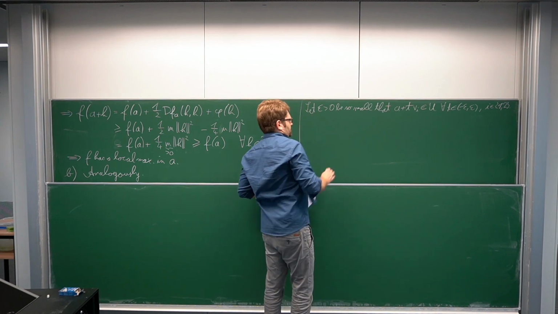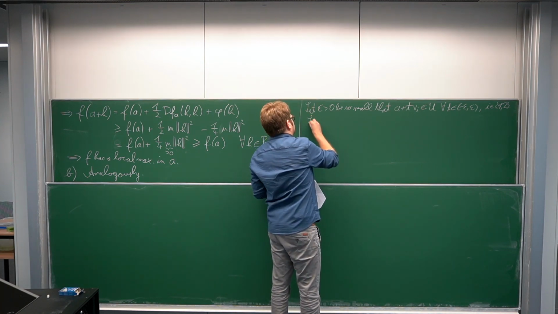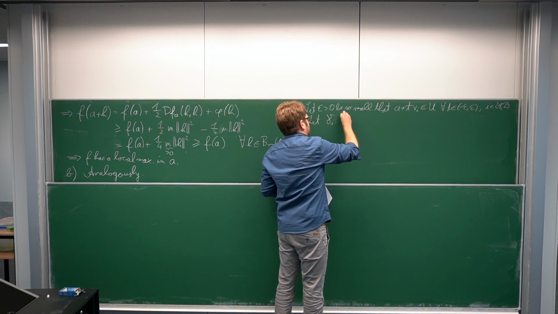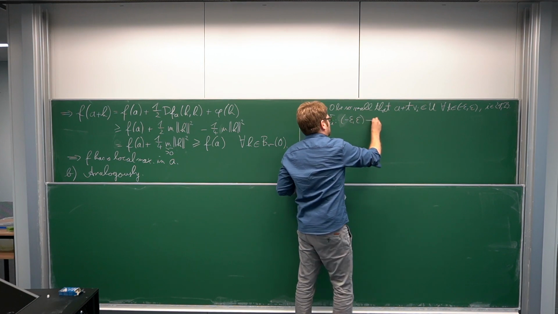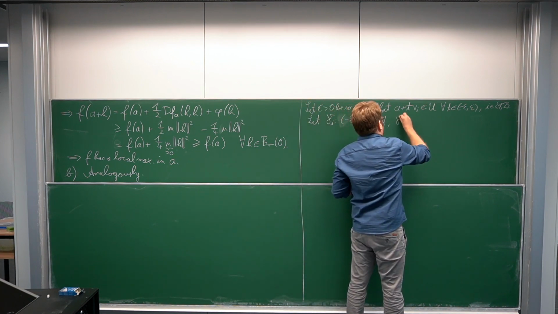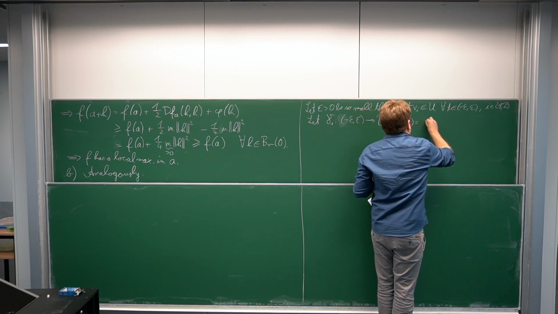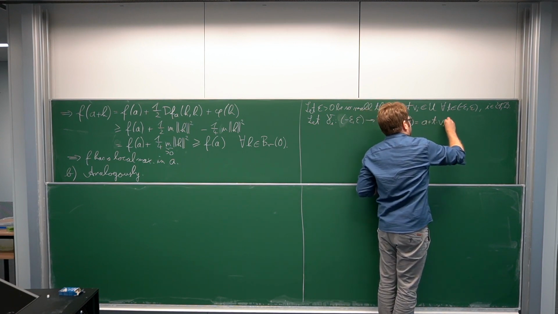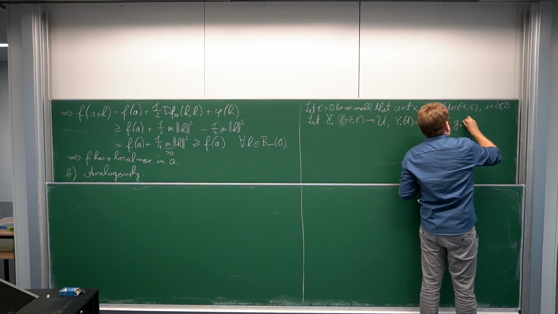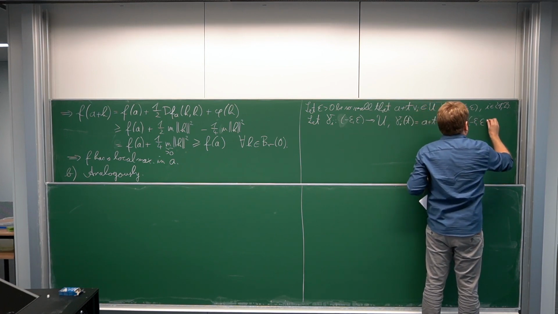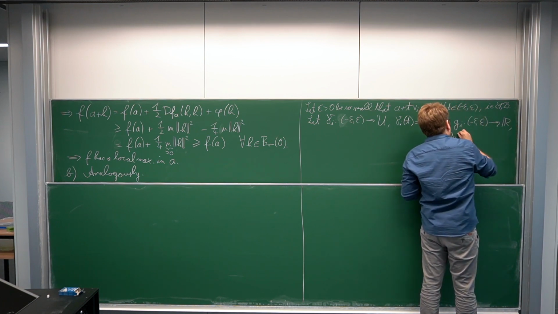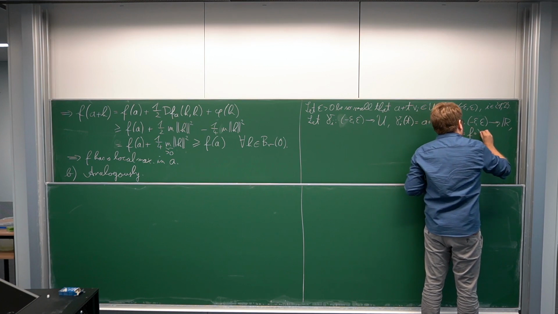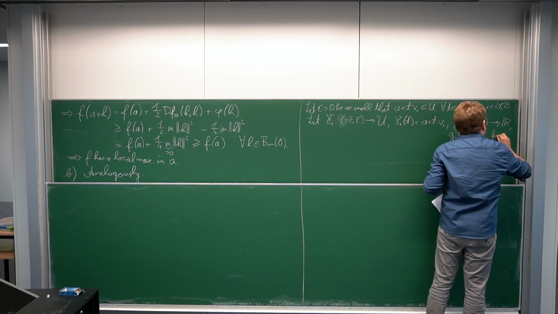If this holds for these two vectors, then let gamma_i be the curve from (minus epsilon, epsilon) to U, which we get by gamma_i of t is a plus t times vi, and we define g_i from (minus epsilon, epsilon) to R by just taking g_i as the composition of f with gamma_i for i in {1, 2}.